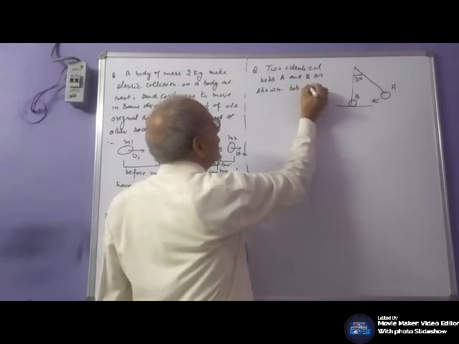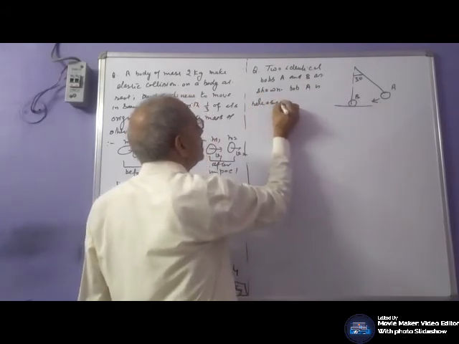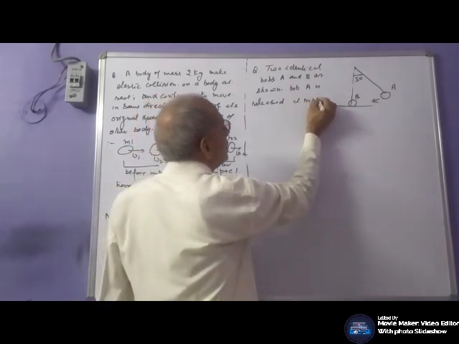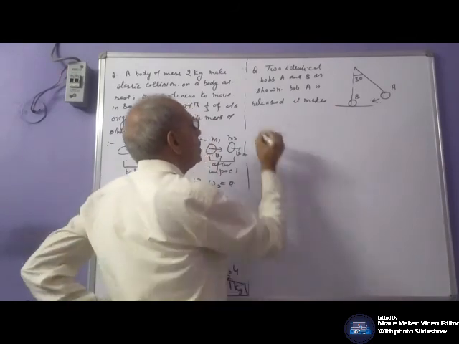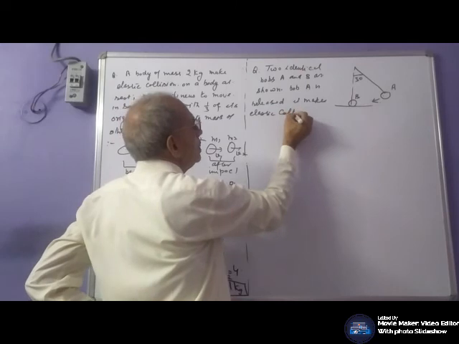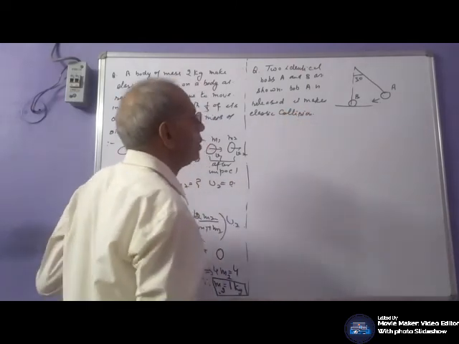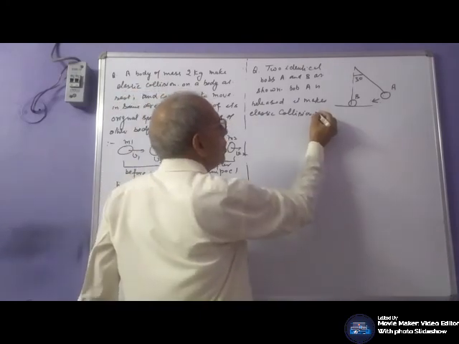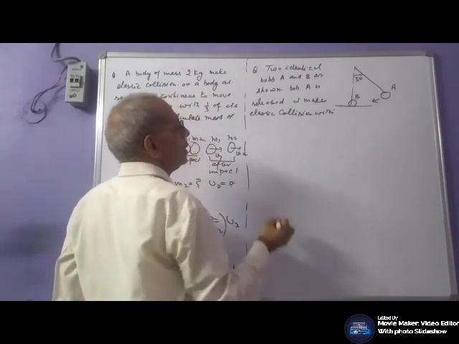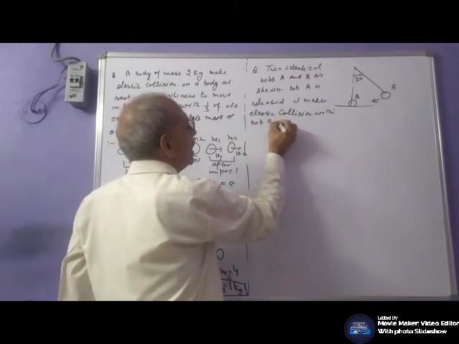Bob A is released. It makes an elastic collision with Bob B at rest.